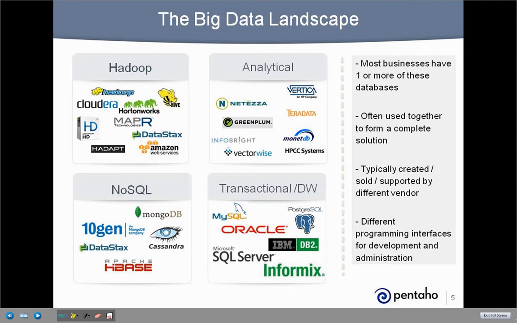It includes what we know and love as NoSQL databases, things like Mongo, Cassandra, HBase. It also includes analytic databases, things that are purpose-built, such as Greenplum, Teradata, Vertica.